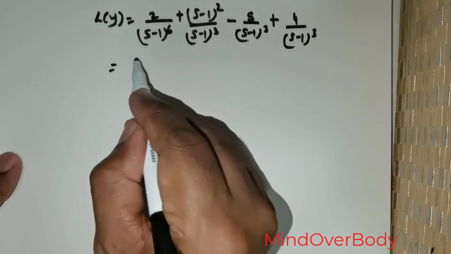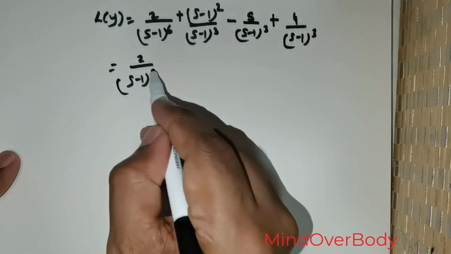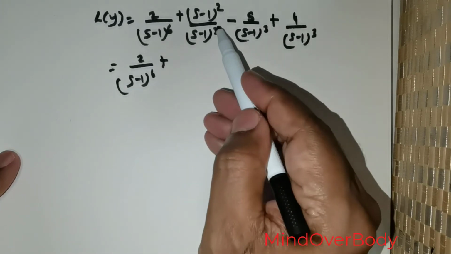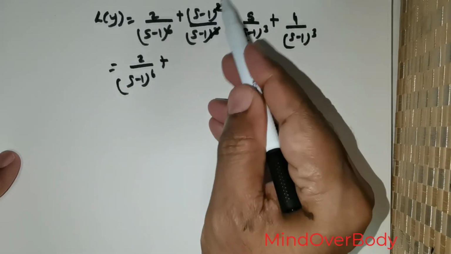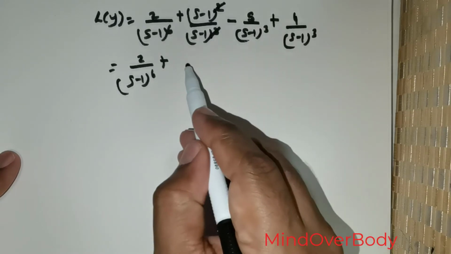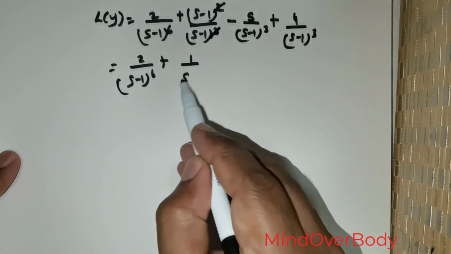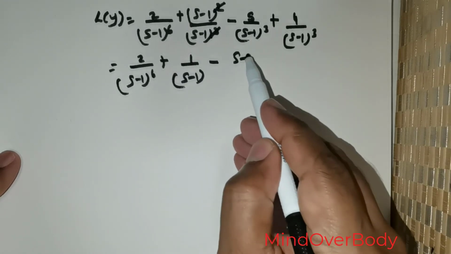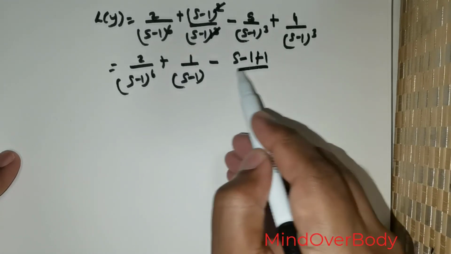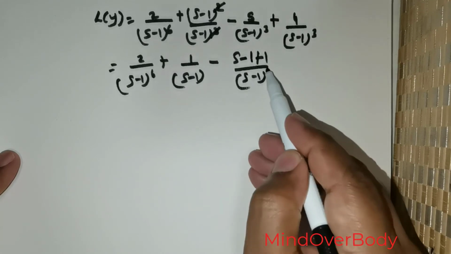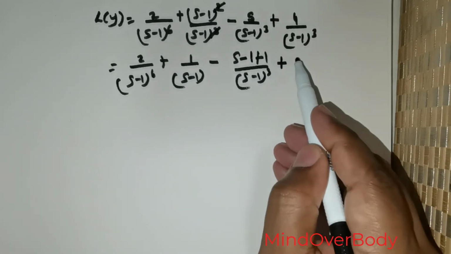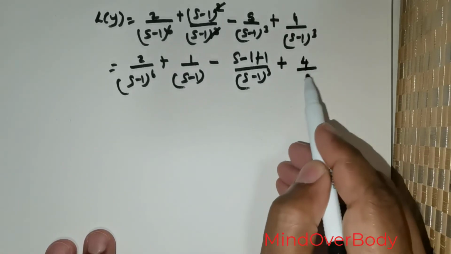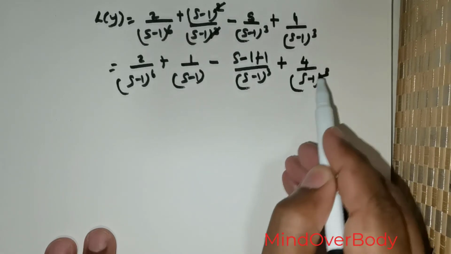So this is equal to 2 over (s - 1)^6 plus, I can cancel the degree 2 with the degree 3, which gives me 1 over (s - 1), minus, I'm going to write s as (s - 1) + 1, divided by (s - 1)^3, plus 4 over (s - 1)^3.